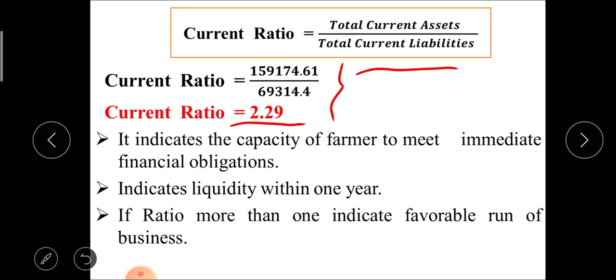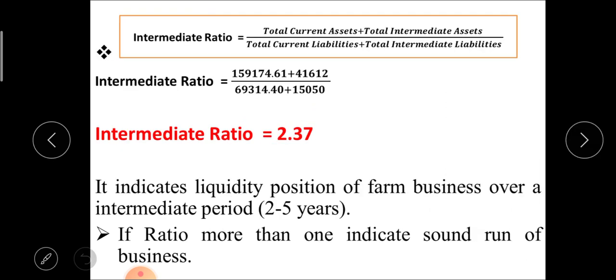After current ratio, the second ratio is the intermediate ratio. The formula for intermediate ratio is equal to current asset plus intermediate asset divided by current liability plus intermediate liability. Putting the values in the formula we can calculate it.